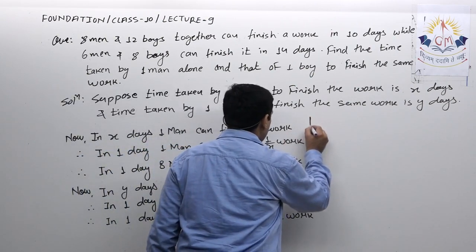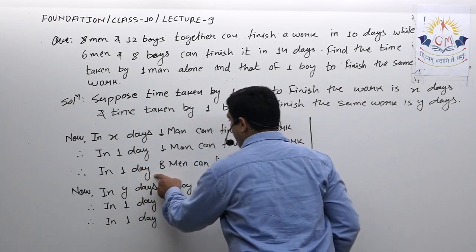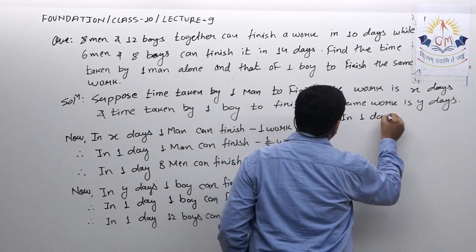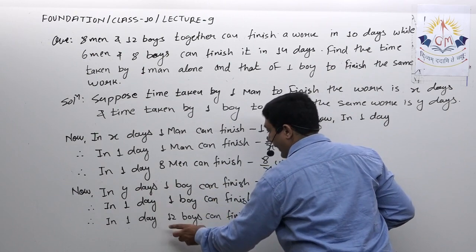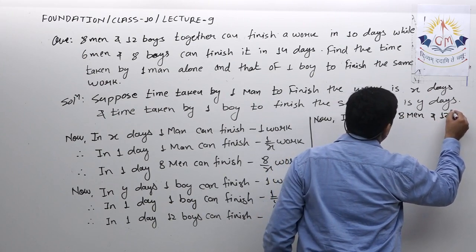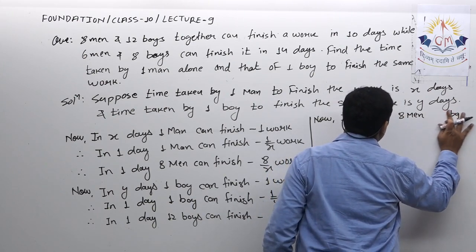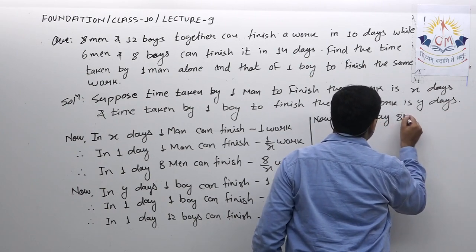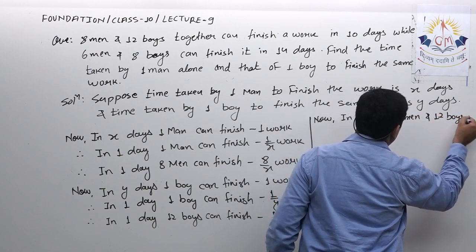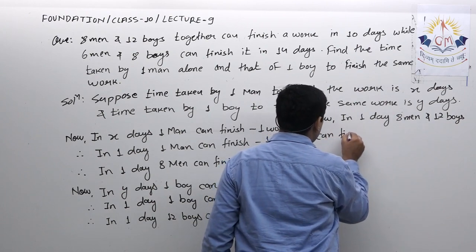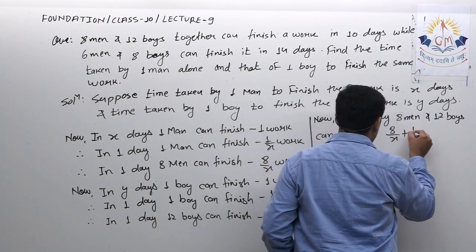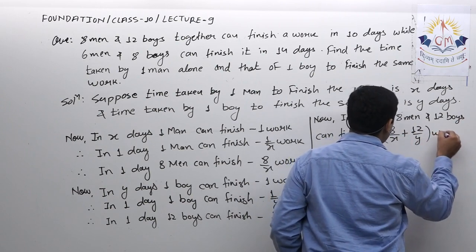So now here I can write, in one day 8 men and 12 boys finish 8 upon x plus 12 upon y work, isn't it?